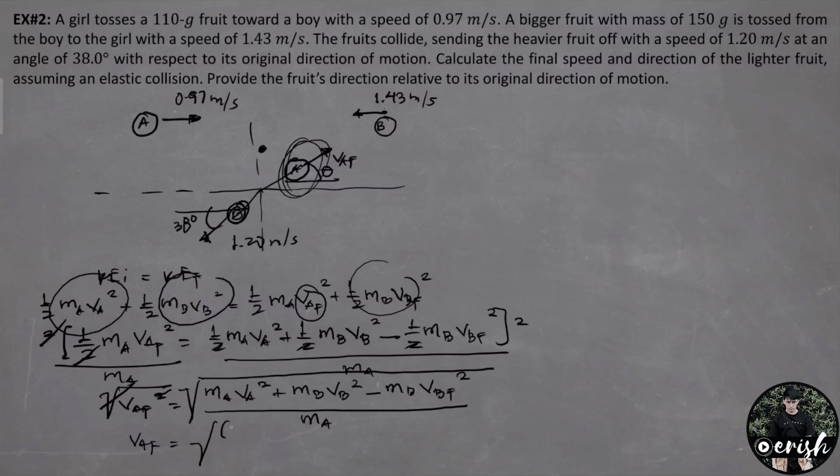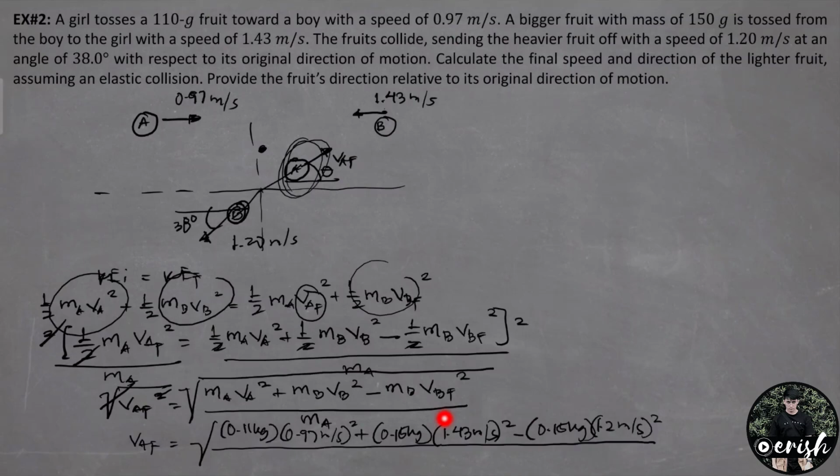Velocity of A final is equal to the square root of, let's substitute the values na agad. Ang mass A natin is 110 grams or in kilograms, 0.11 kilograms times the velocity of A initial, 0.97 meters per second quantity square, plus mass of the fruit B is 0.15 kilograms times the velocity of B, 1.43 meters per second quantity square, minus ang mass ng fruit B again is 0.15 kilograms times final velocity niya, we have 1.2 meters per second quantity square, all divided by mass A, 0.11 kilograms.